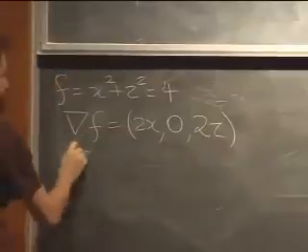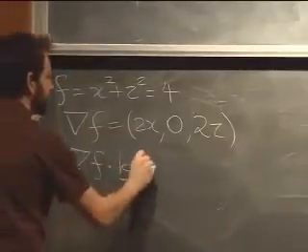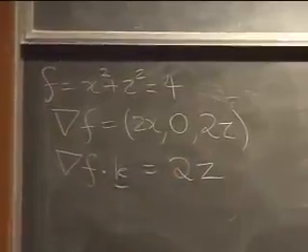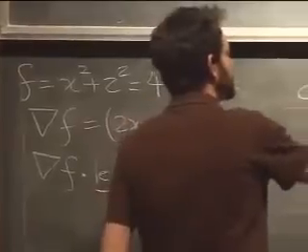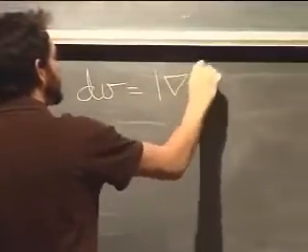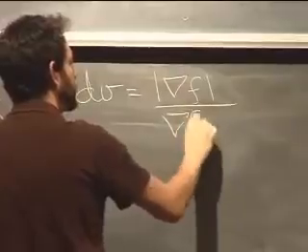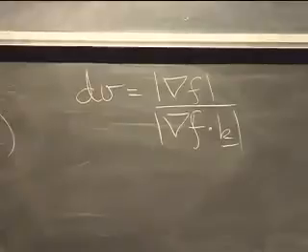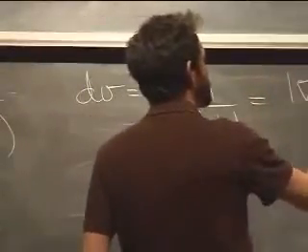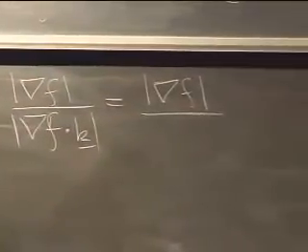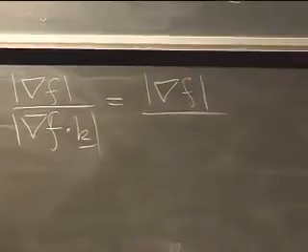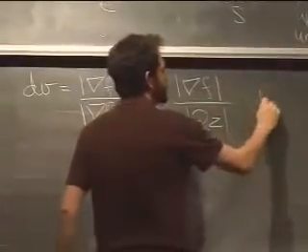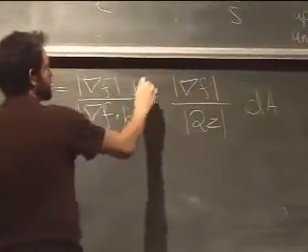And in particular, grad f dot k is just 2z. All right, so according to what I have said earlier, d sigma is the length of grad f over the k component absolute value. Now, for reasons of just being clever, I'm not going to even bother expanding this grad f. Instead, I will take grad f dot k and put that in absolute values. And we want this dA. I forgot the dA here.